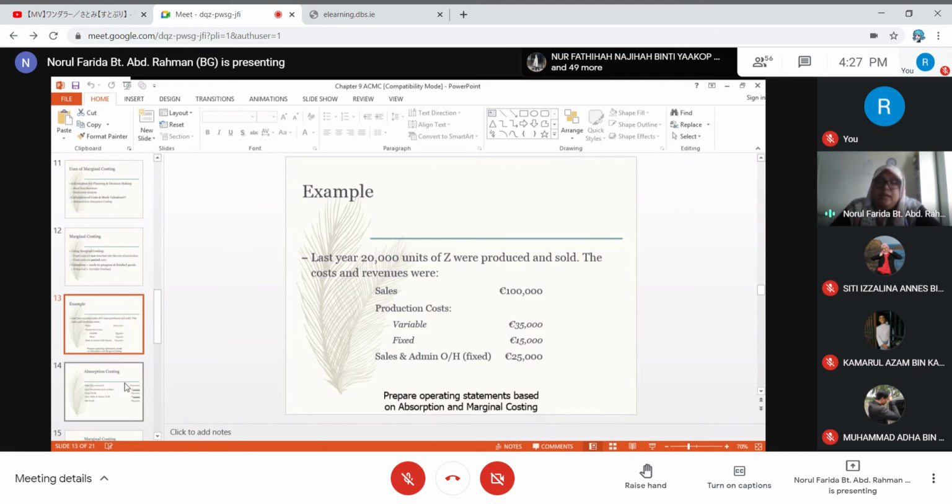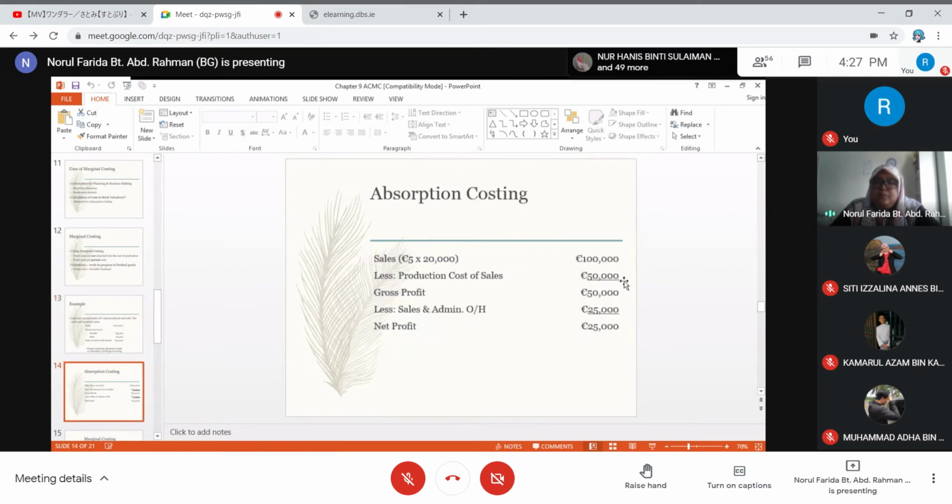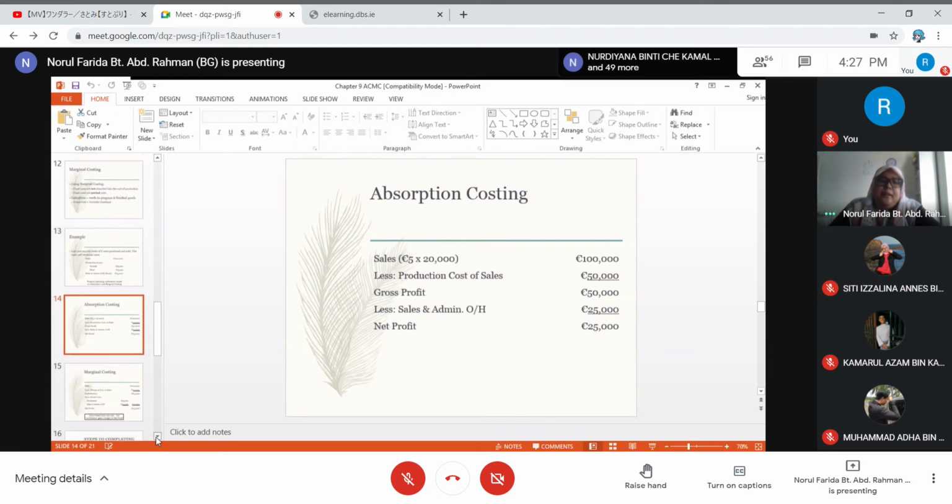So absorption dia akan ambil kira semua production cost, both variable and fixed. So that's why dia tolak 50,000. And then you will get your gross profit, and then only you minus with your period cost, which is your sales and administration overhead of 25,000. So you get a net profit of 25,000. This is when you use absorption costing.